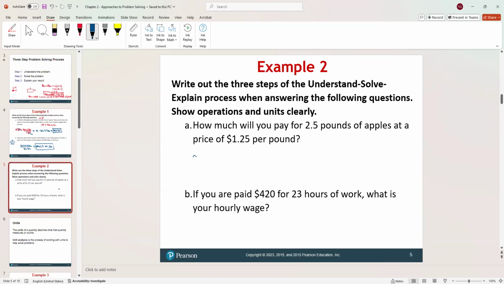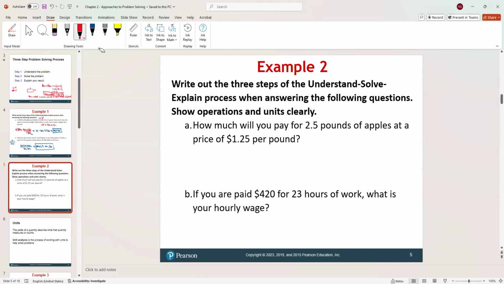You need to multiply. If 1 pound costs $1.25, 2.5 pounds would cost, you need to multiply it by 2.5.